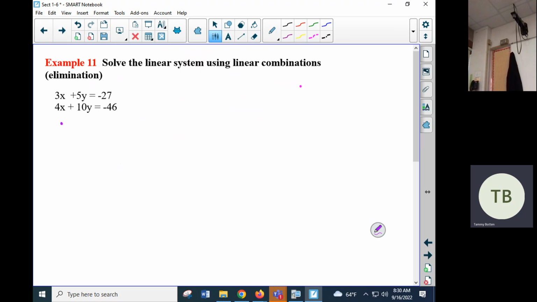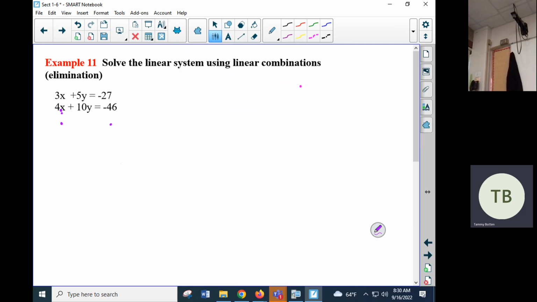With 3 and 4, you would have to multiply both equations by a number. What you would think about is what do 3 and 4 go into? And they both go into 12. So you'd have to multiply the top equation by a negative 4 to get negative 12. You'd have to multiply the bottom equation by 3 to get a positive 12.